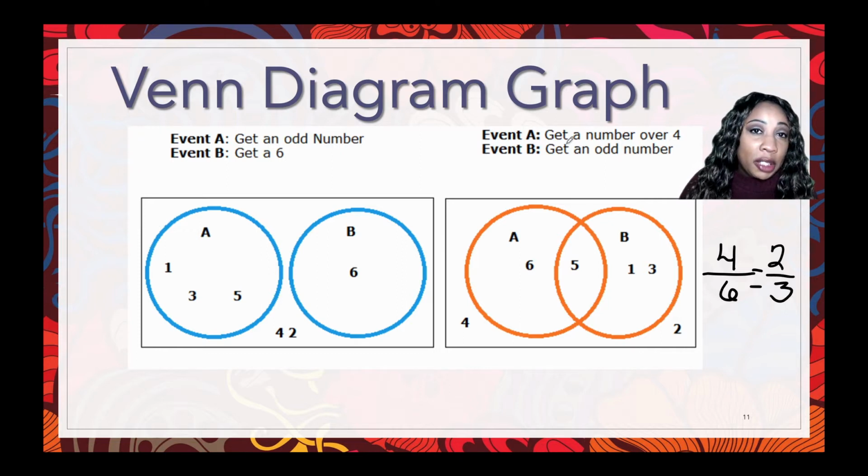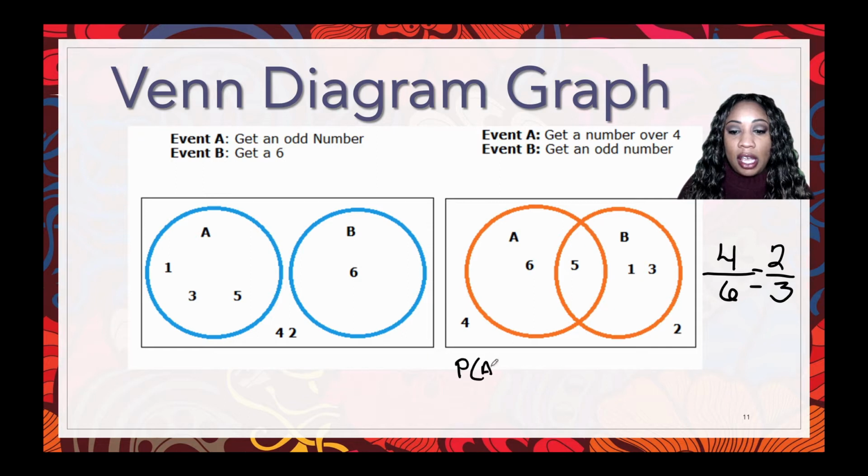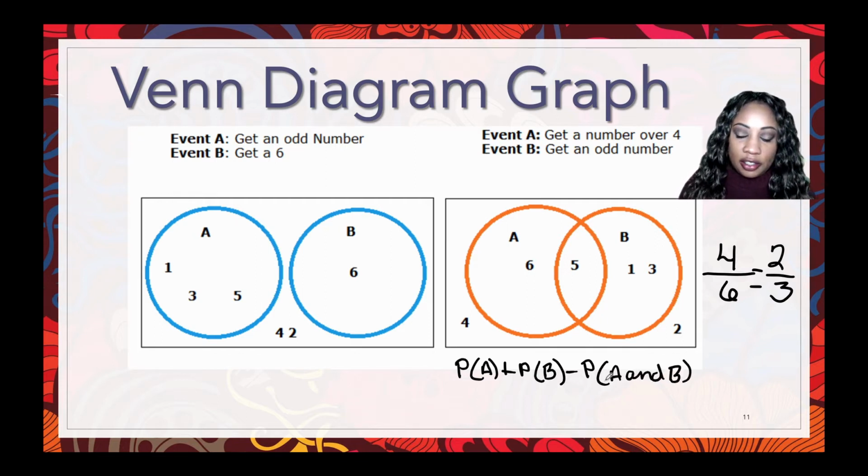Now, the formula tells us that we're going to do the probability of A plus the probability of B minus the probability of A and B. It looks a lot more complicated than it is.